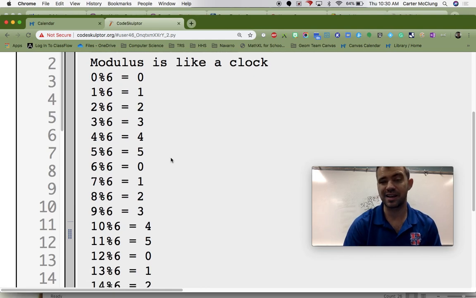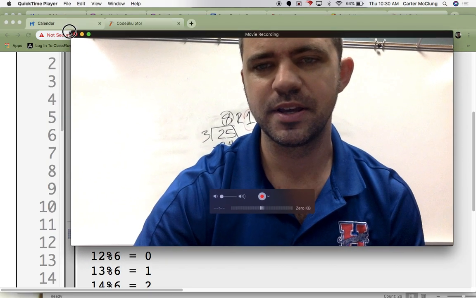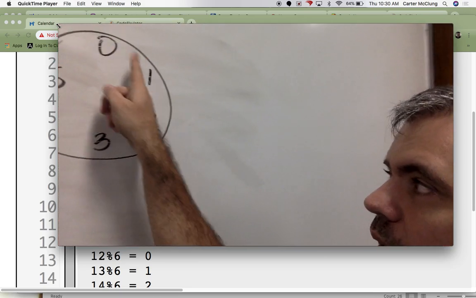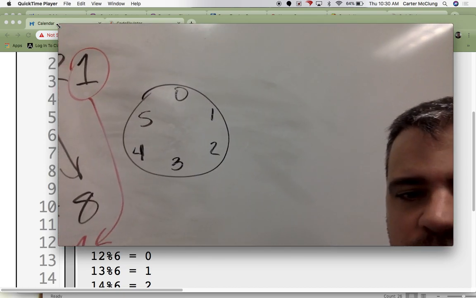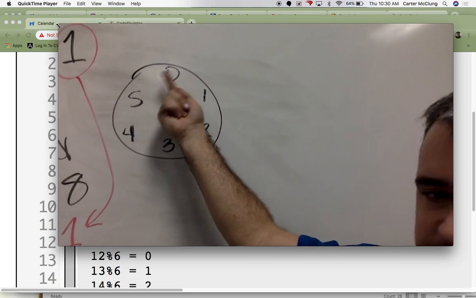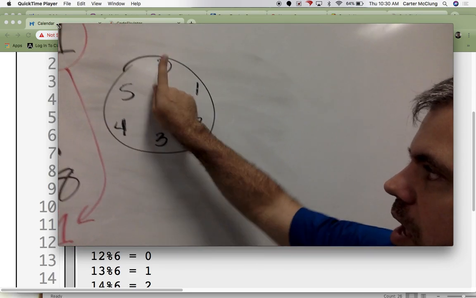Modulus kind of works like a clock does, okay? So what I've done is I've made a clock, but instead of it going 12, 1, 2, 3, 4, 5, 6, 7, 8, 9, 10, 11, 12, this clock goes from 0 to 5. So think about how a clock works here.